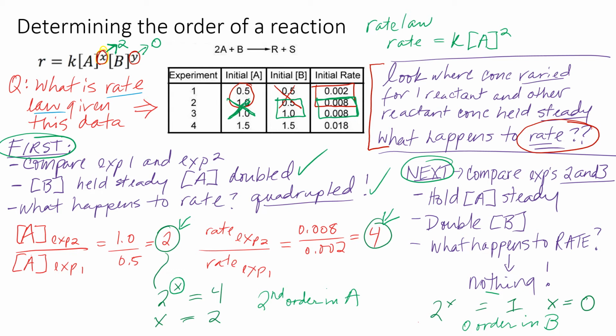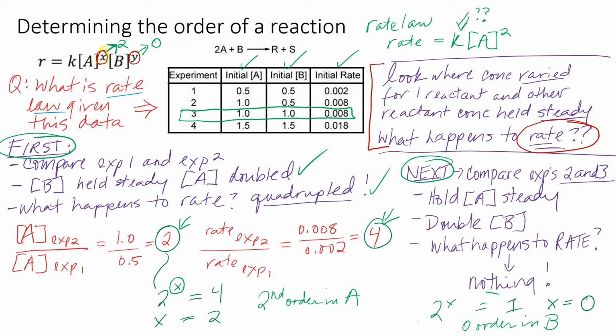Now let me give you a what if. It would be useful also to know K. So how can we figure out K? Well, there's a very easy way to do this. We pick one set of experimental data. We plug in the numbers.